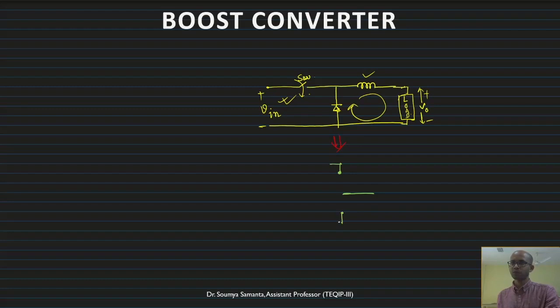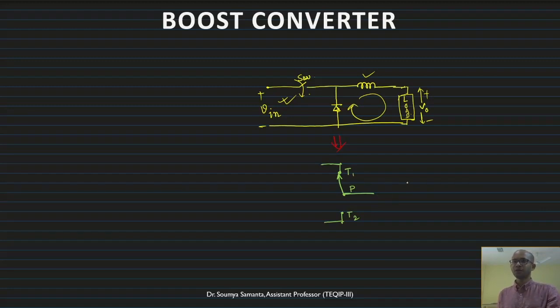Here this is the throw T1, this is T2, and this is the pole P. Now how will the switch operate? The switch will be connected either to T1 or to T2, and moving from T1 to T2, this happens.